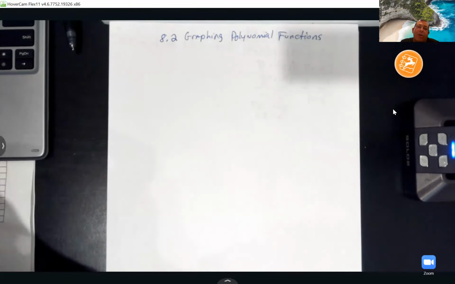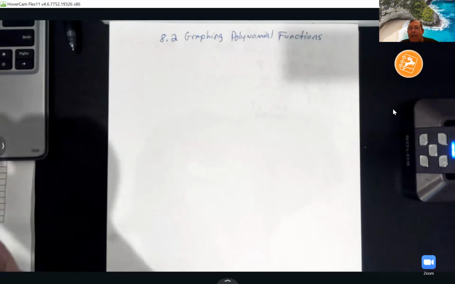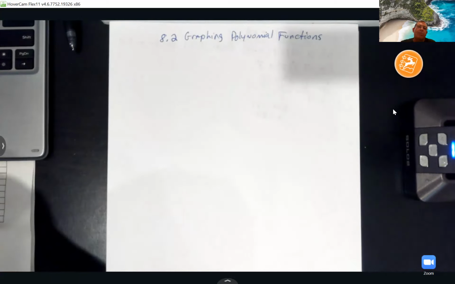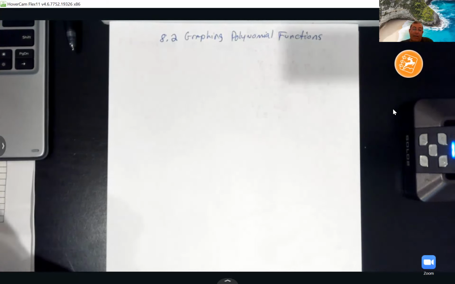Because by default, your calculator goes from -10 to 10 on the X's, and it goes from -10 to 10 on the Y's, okay? So some of theirs are going to have things going out to 100 and all that fun stuff. So if you want your graphs to look like those, we sort of fix the windows.